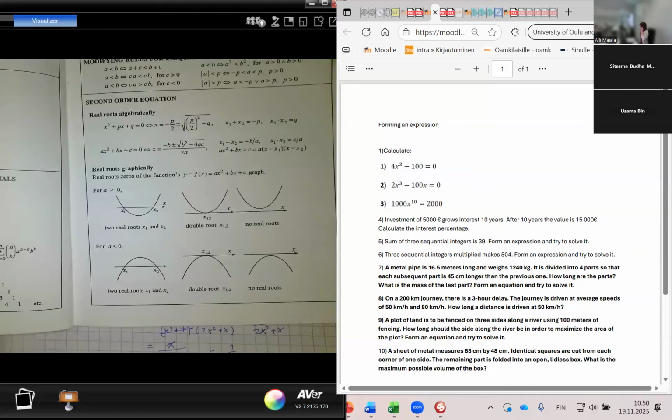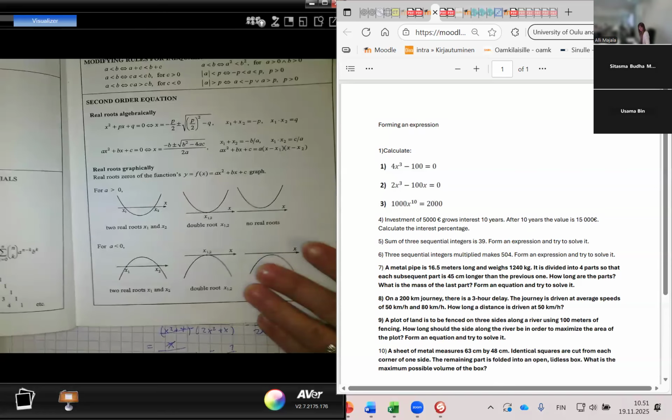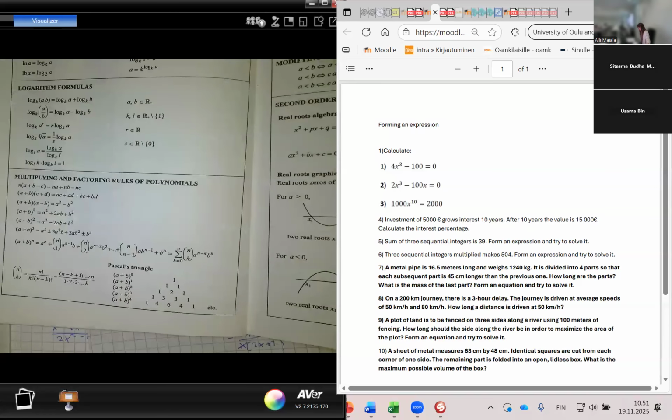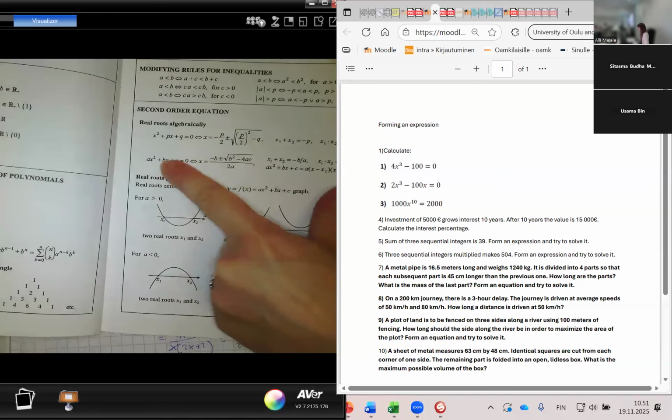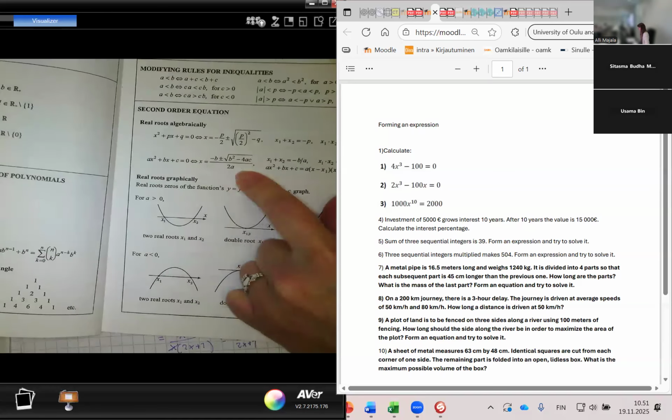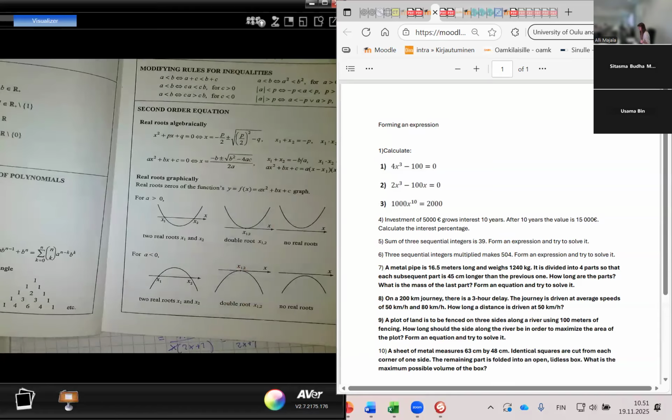What you can do with these rules that we just learned here. So then you can like sort of realize how that's formed. But it's maybe not that important.